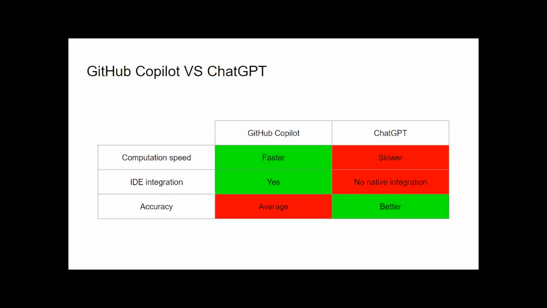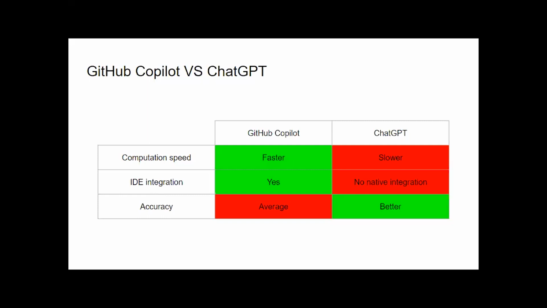However, from my experience, the accuracy of ChatGPT is better than GitHub Copilot. What I mean by accuracy is that basically the code given by ChatGPT is usually better. It is more optimized and more relevant.